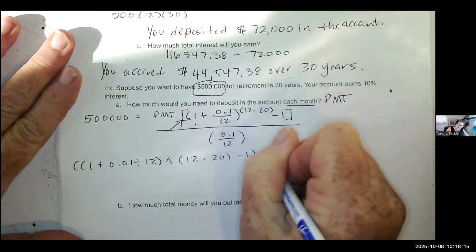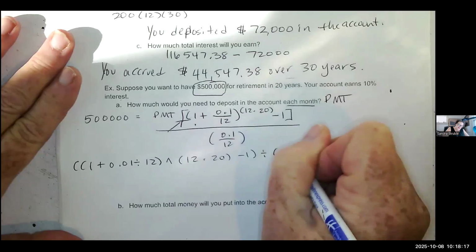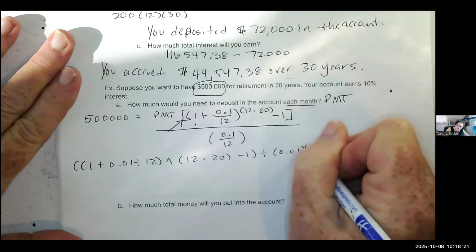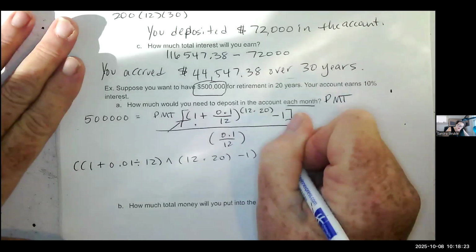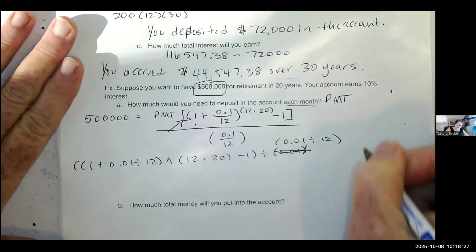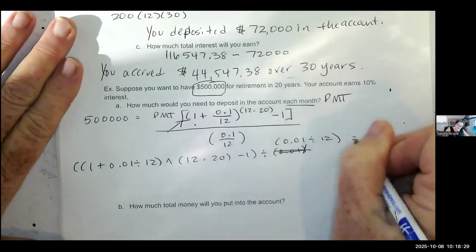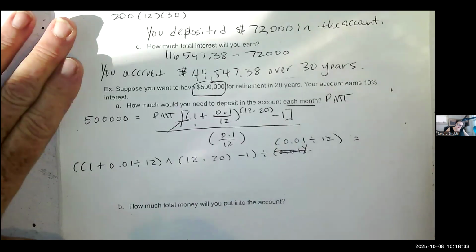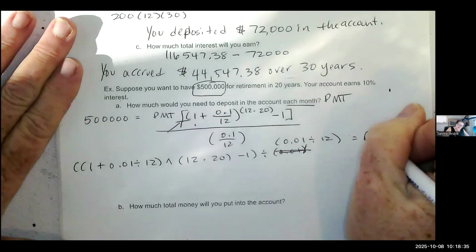Oh, divided by 0.01, close. Nope, sorry. Divided by 0.01 divided by 12, close. And I think that's all I need. Yeah, looks good. That's when you pause.